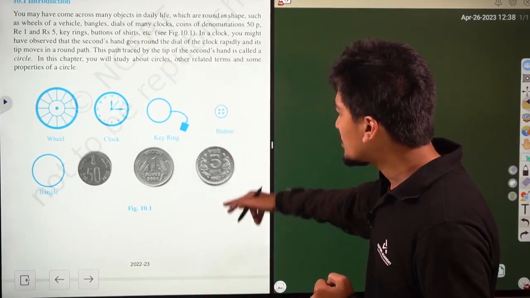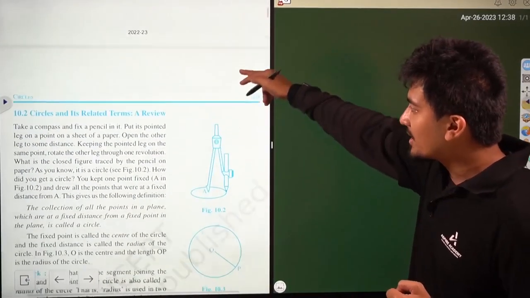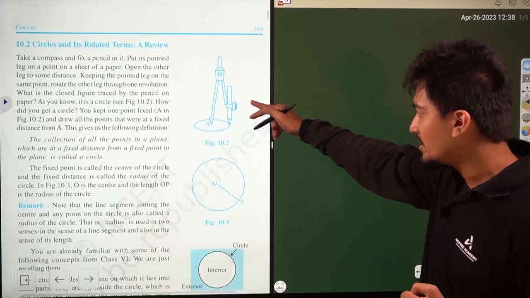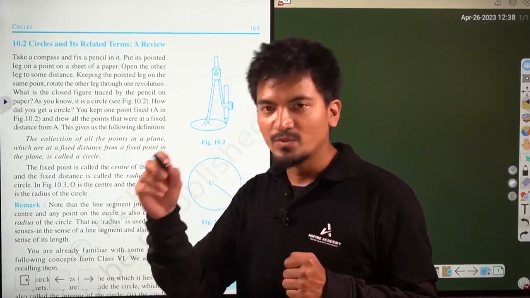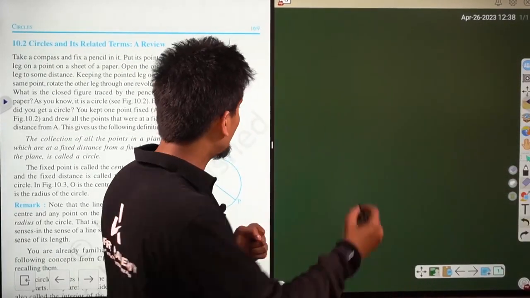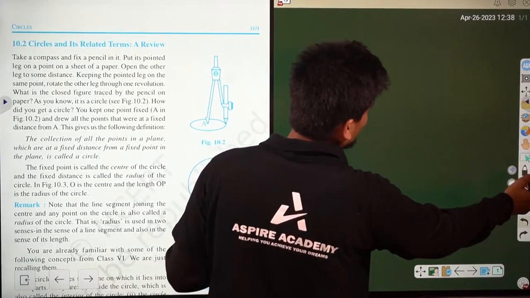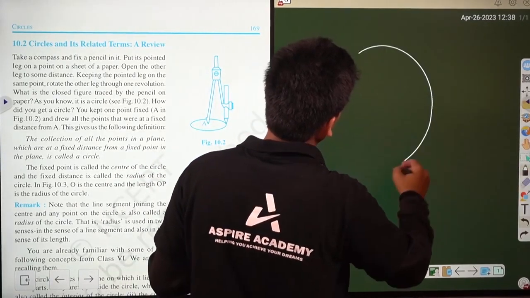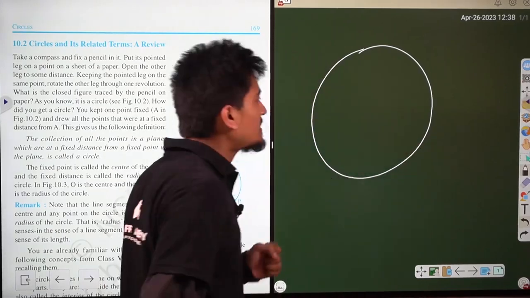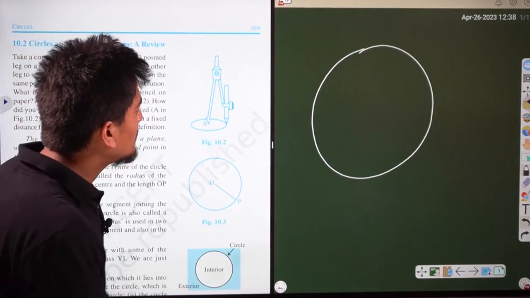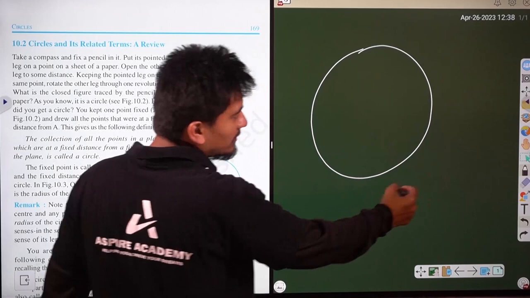Okay, so circles and their related terms. If I draw one circle, say this is a circle, then this is the boundary of the circle, right?